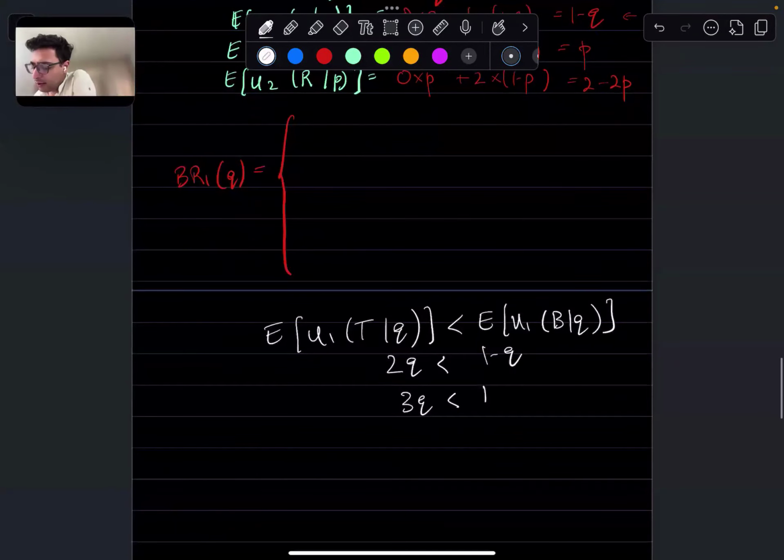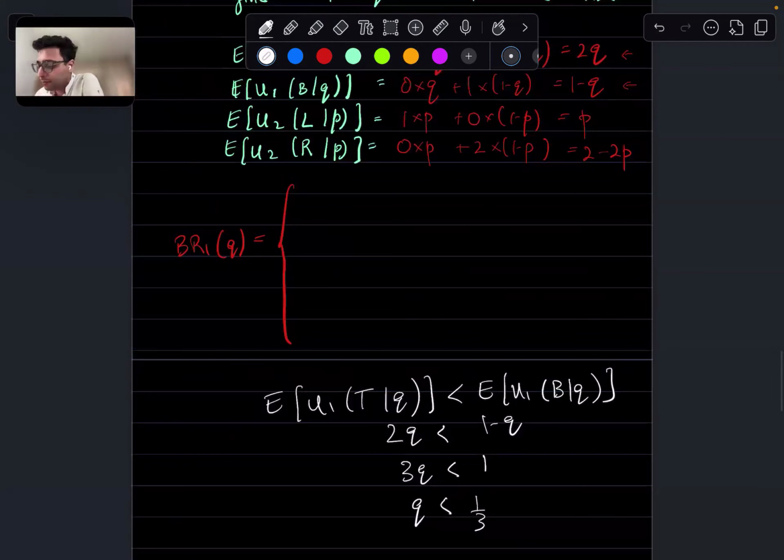So I just added Q on both sides right now. Now I divide both sides by 3 to get Q less than 1/3. So when Q is less than 1/3, I have to choose B, bottom and not top, as player 1. Right, so this becomes, my best response is just B.